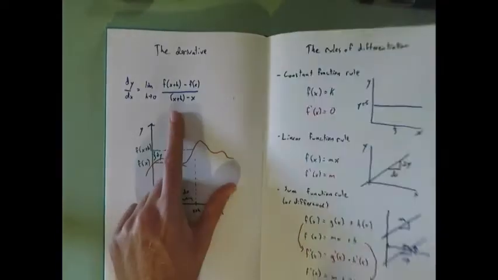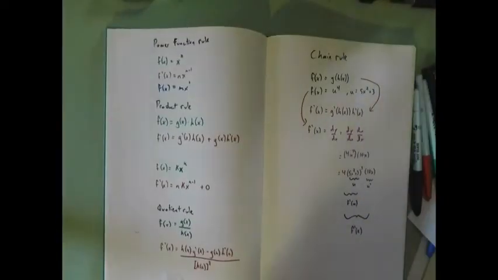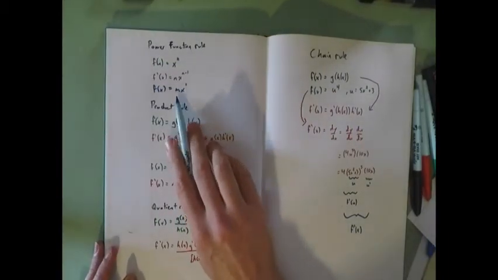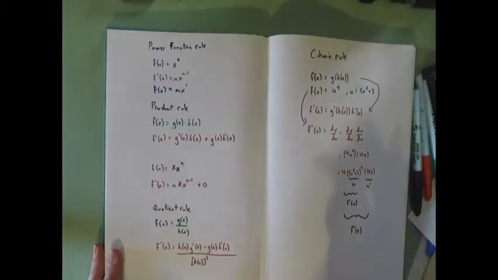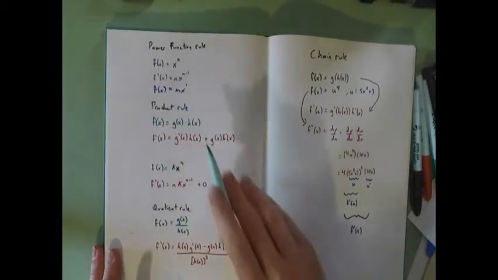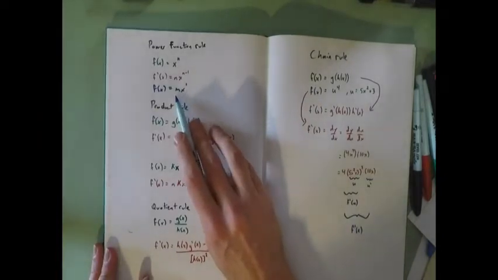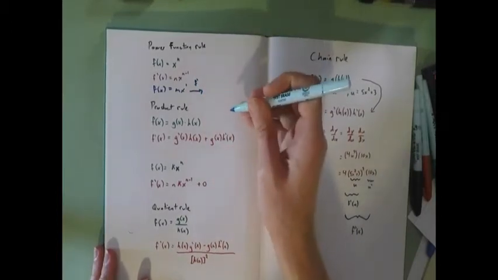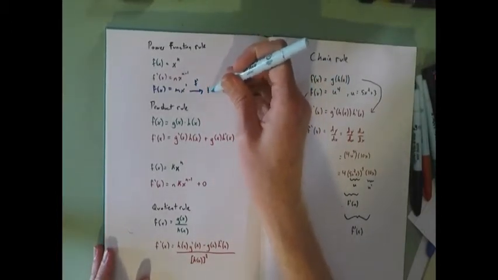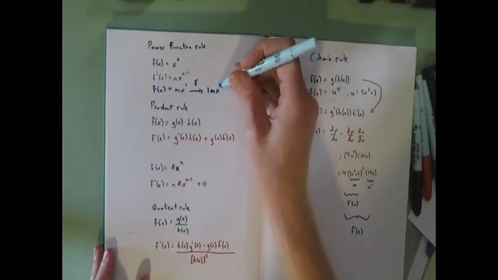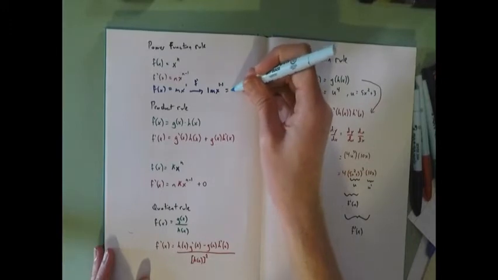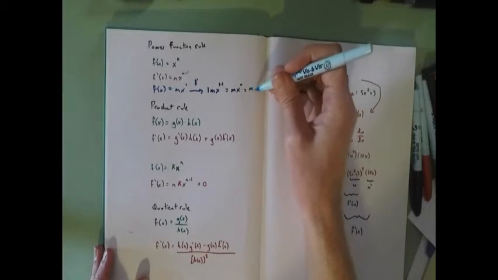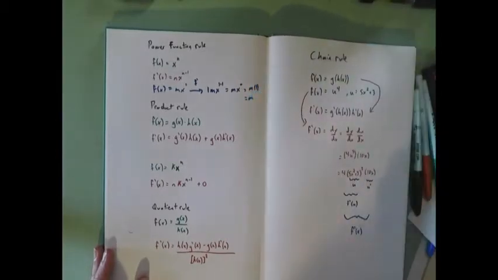And we don't need to go through all the effort of calculating a limit, certainly not once we've wrapped our head around it. Now let's come back to mx plus b, right? We can drop the plus b because we know that it's going to be m plus 0, but m times x is the same as m times x to the power of 1, which, when we're finding f prime, is going to be the same as saying 1 times m times x to the 1 minus 1, which is the same as m times x to the 0, which is the same as m times 1, which is m.